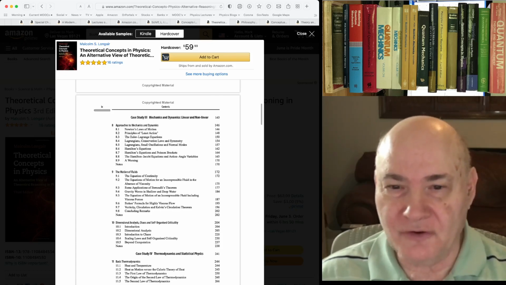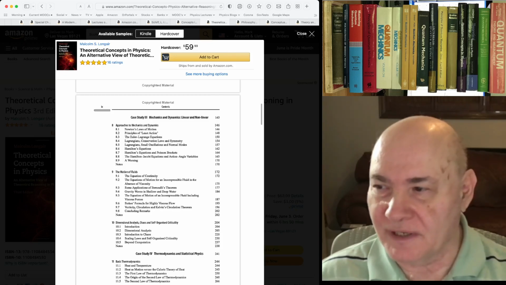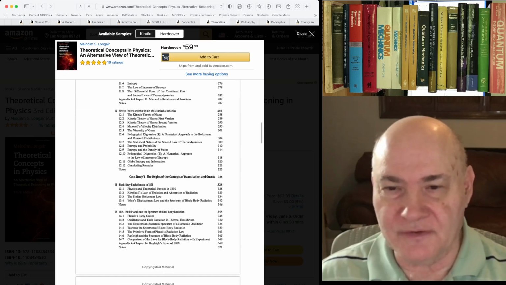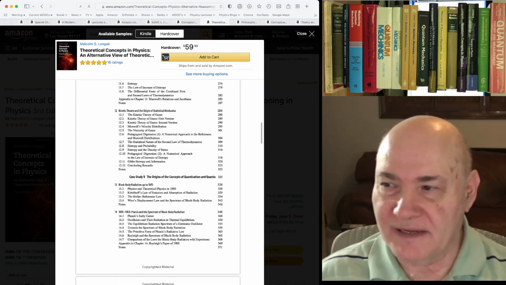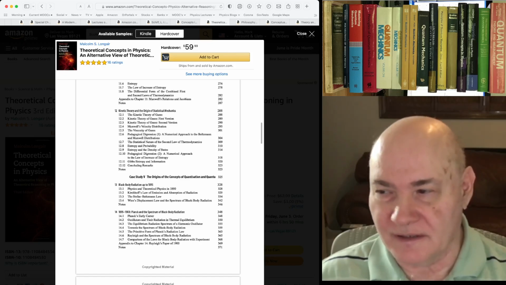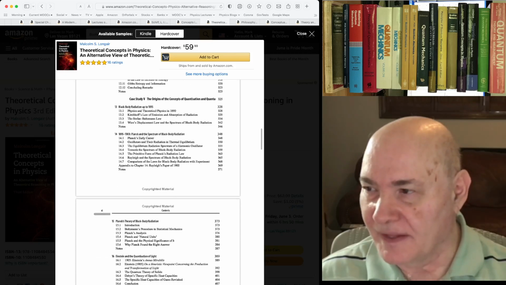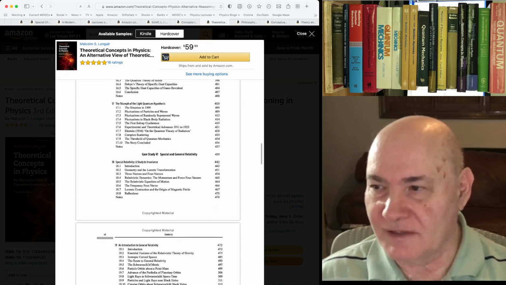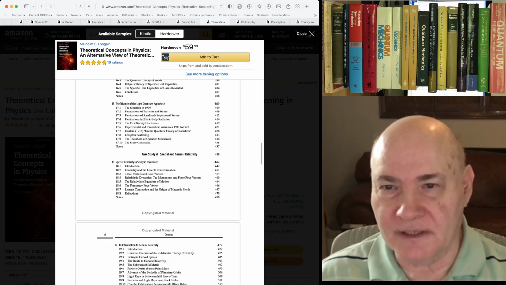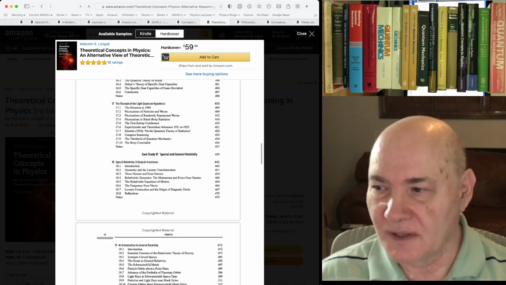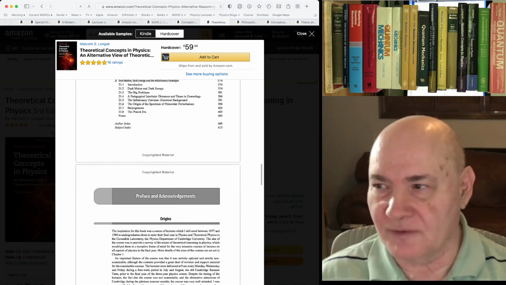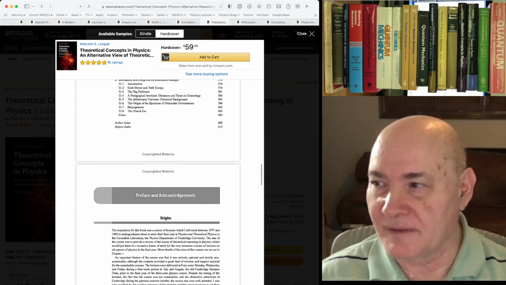Well, Longair shows you exactly what Maxwell was doing. And then in thermodynamics and statistical physics, if you want to see how Planck got the black body law and how he guessed and interpolated, it's all here. And then quantization and quanta, like I said, a lot of this chapter and the previous chapter are in the other book on quantum concepts. But he also has sections on special and general relativity and cosmology and particle physics. So I highly recommend both of his books.